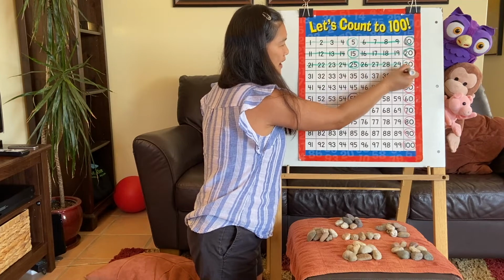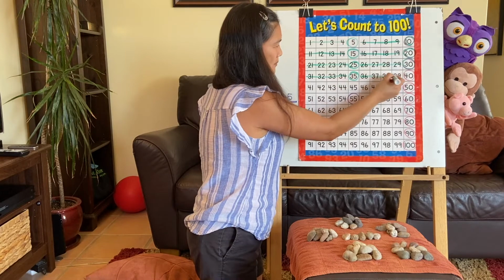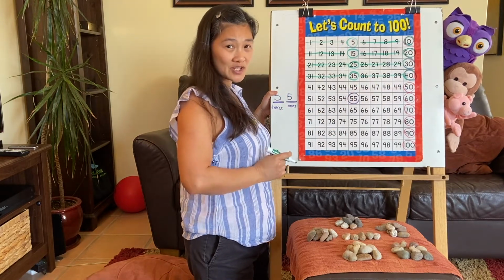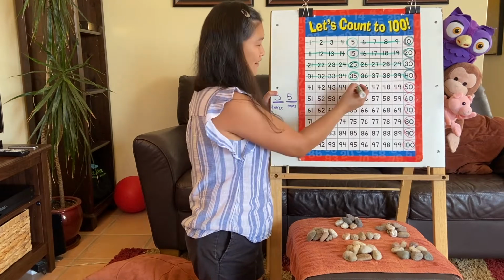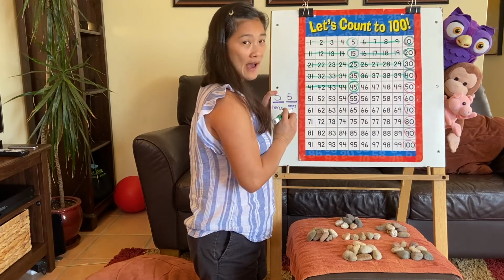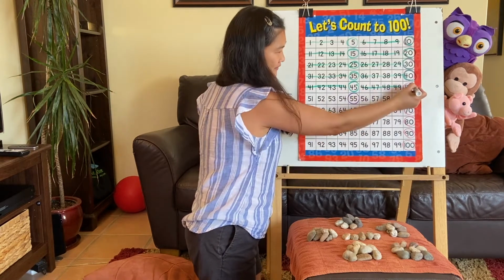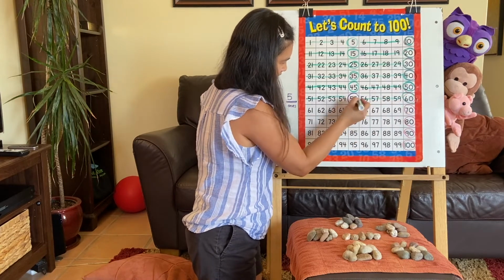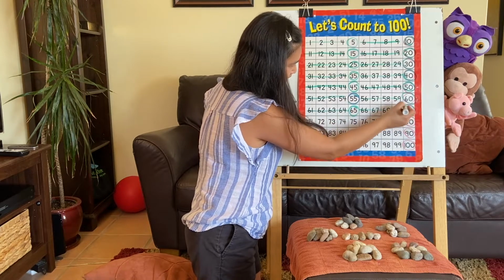Do you see a pattern? What pattern do you see? What's the next one we should circle? 45, you're right. Because we skip 1, 2, 3, 4, count the 5th one. Okay? So what patterns do you see if we count by 5s?